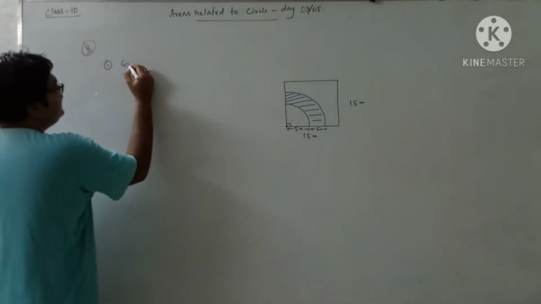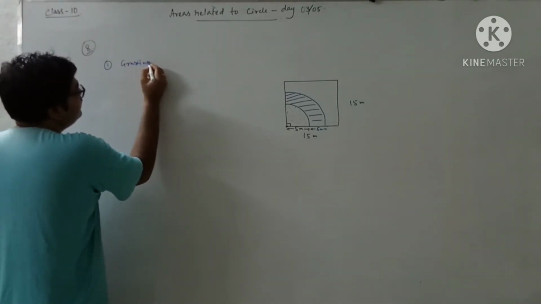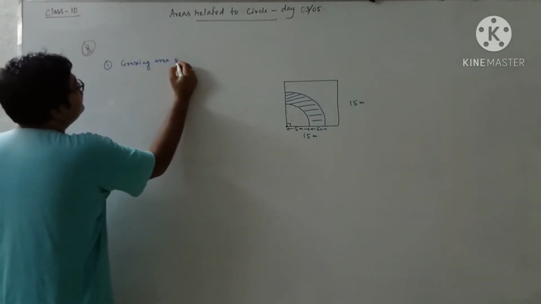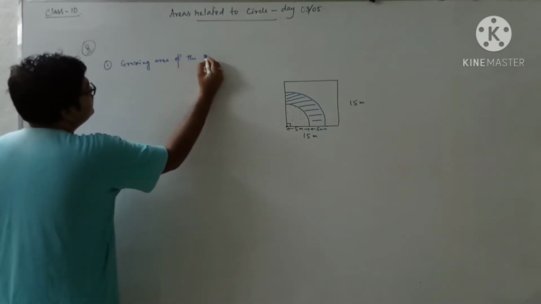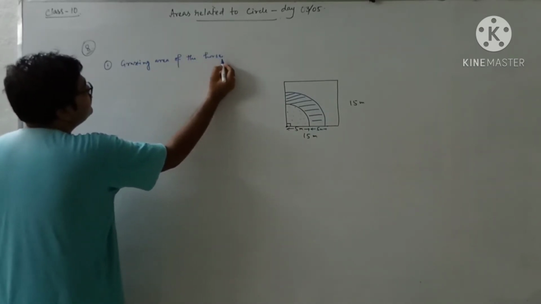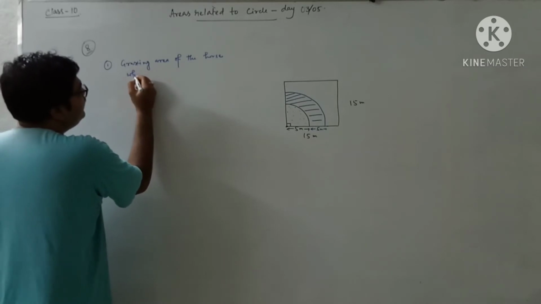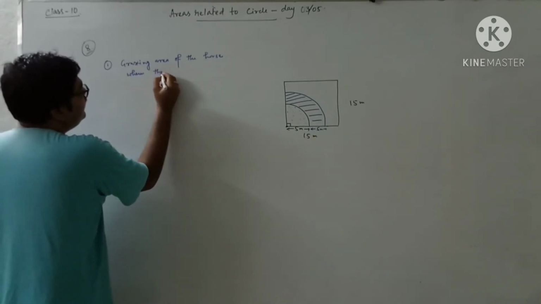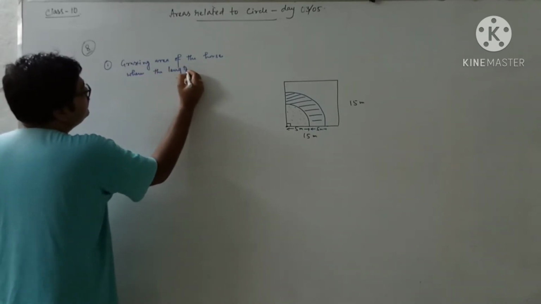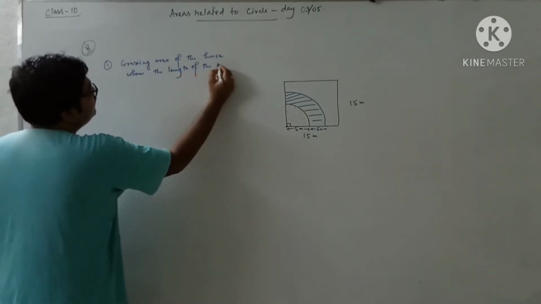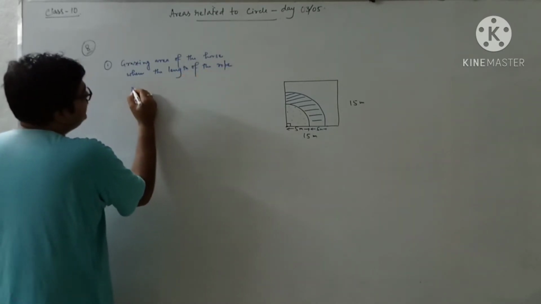So grazing area of the horse when the length of the rope is 5 meter.